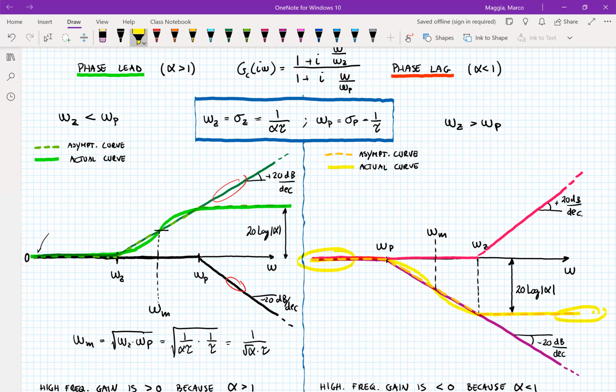So the logarithm of a number that is less than 1 is negative. So the contribution gain-wise given by a lag compensator is negative for high frequencies.